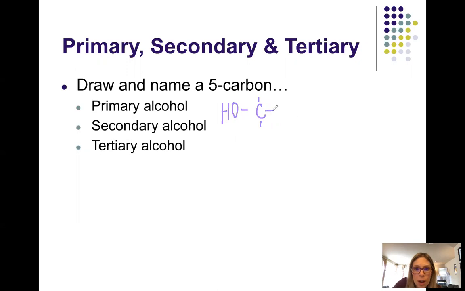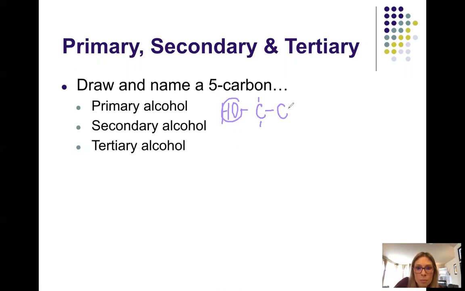So if we've got, for example, one carbon over here. So we've got, here's our functional group right here. Sorry about the weird circle. If its neighboring carbon is only next to one carbon, we're going to call that a primary alcohol.